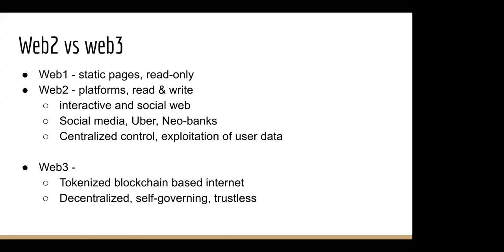If you take an example of platforms like Facebook, Twitter, or Uber, these are web 2 applications, where there's a company behind it, and they control what happens on that platform. So this is the difference between web 2 and web 3.